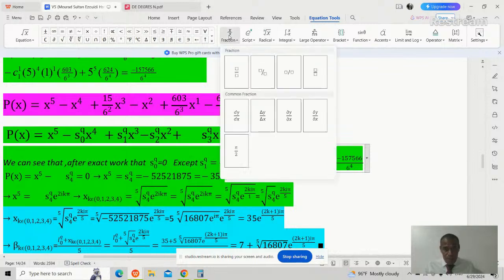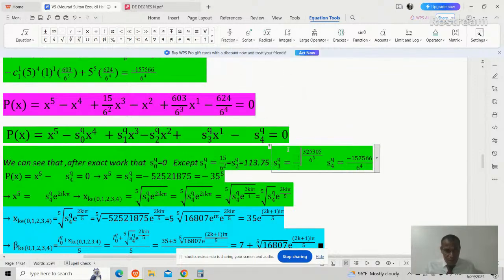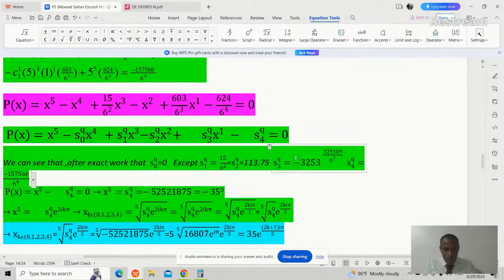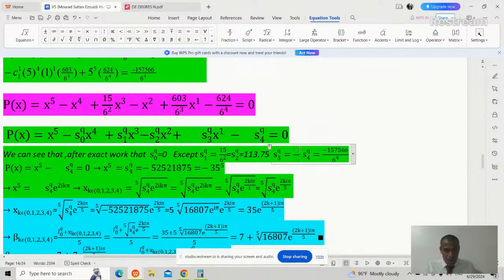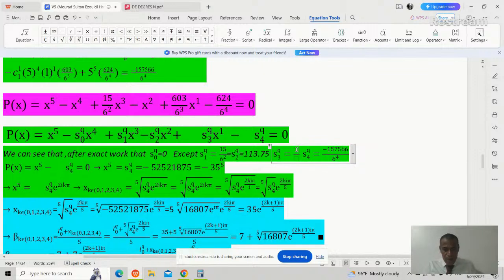I will make this one equal 325,305. My God. 325,305, and this is over 6 raised to the power 3.